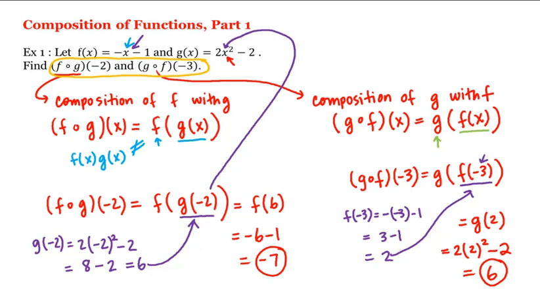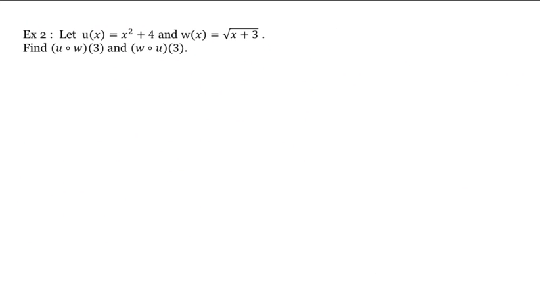Let's look at another example. Let u of x equal x squared plus 4 and w of x equal the square root of x plus 3. Let's find u composed with w of 3 as well as w composed with u of 3. Again, u composed with w at any x is defined to be u evaluated at w of x.